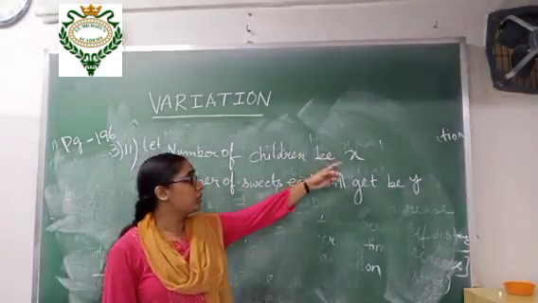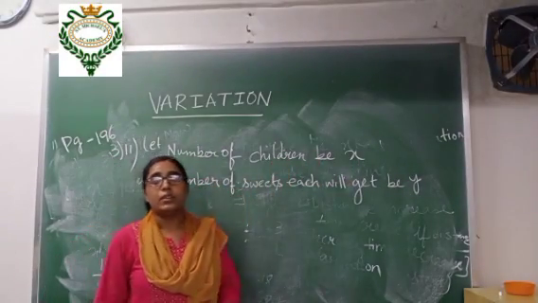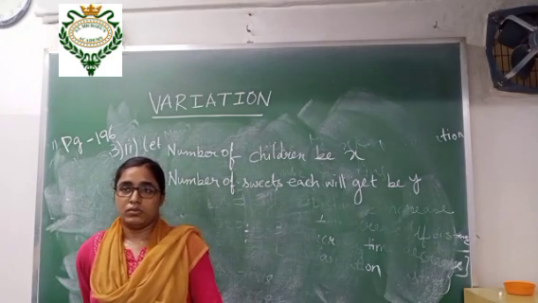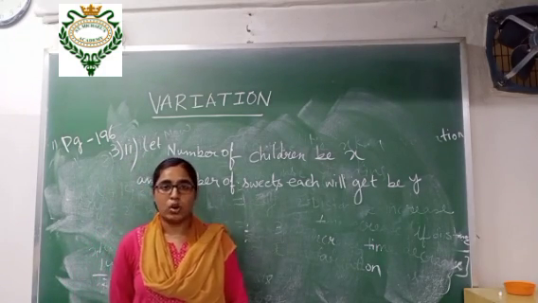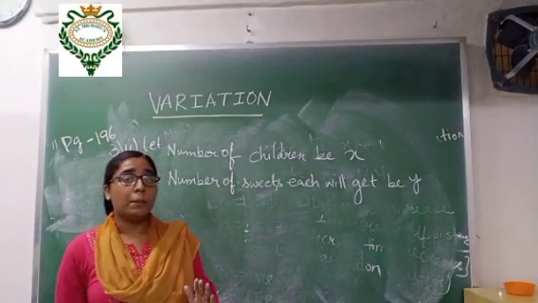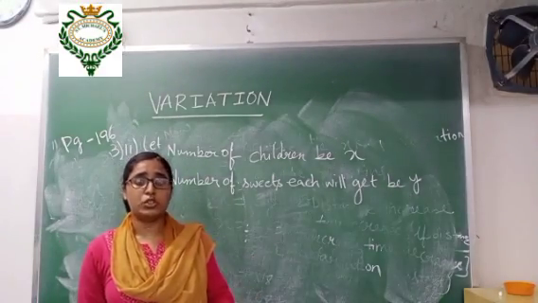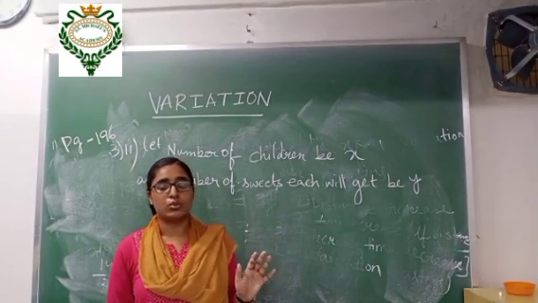You have to find the relationship between children and sweets. Suppose that you have 5 children at your home, if you have 10 chocolates, each will get 2 chocolates. But if the number of children increases, maybe there are 10 children, and you have only 10 sweets only.